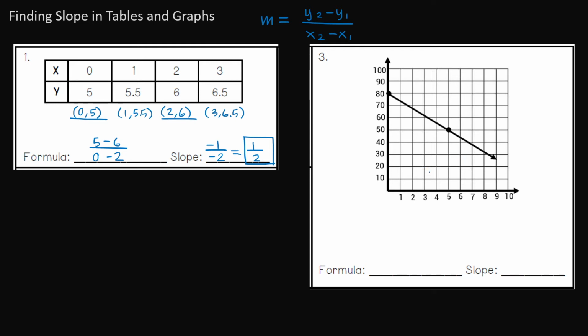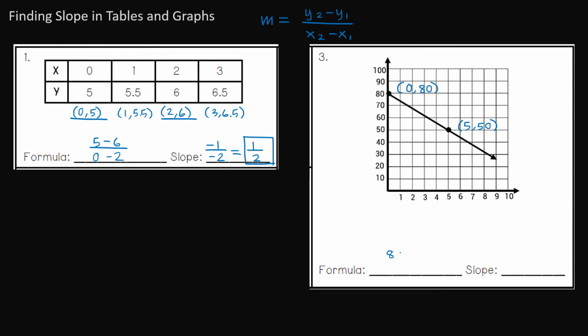Okay, so when I find slope on a graph, I need to identify 2 points that are on the line. So the first coordinate I see is at 0, 80. 0, 80 is on the line. My second point that's identified here is at 5, 50. So notice I have two y values, two x values. So I'm going to put them in slope formula. Slope formula says I subtract my y values on top first.